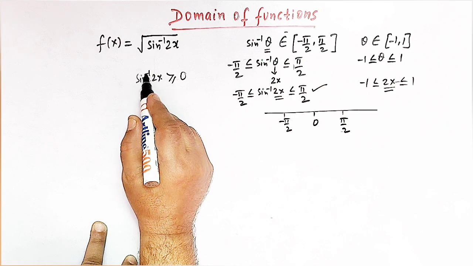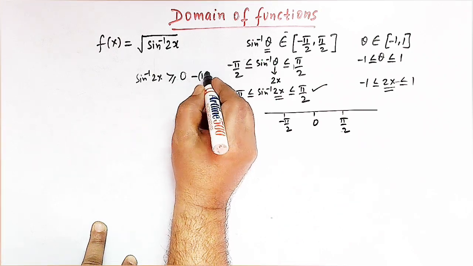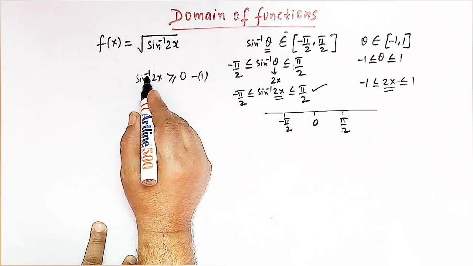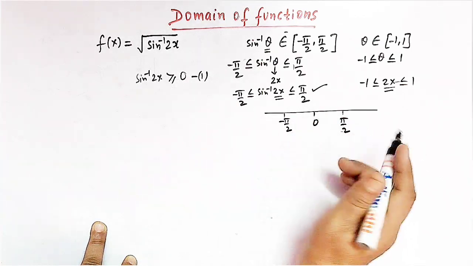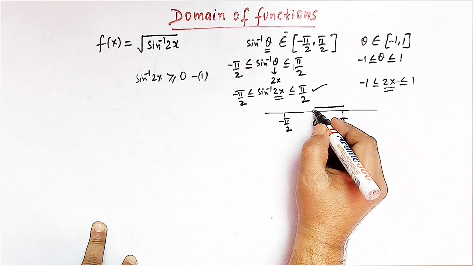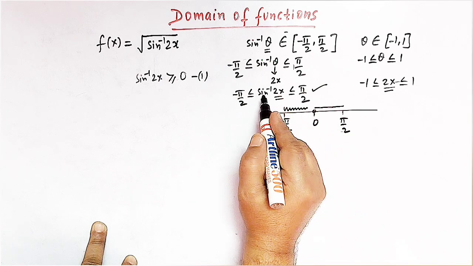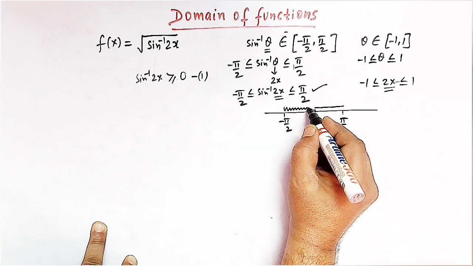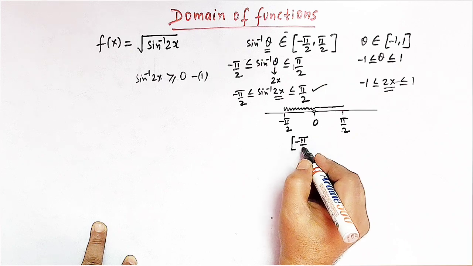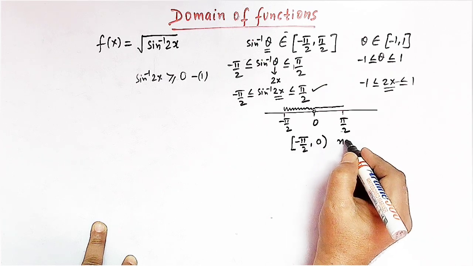But here sine inverse 2x should be greater than or equal to 0. So we have to consider sine inverse 2x only in this interval, including 0, right? And all the values of sine inverse 2x which lie in this interval, that is minus pi by 2 to 0, are not allowed, right?